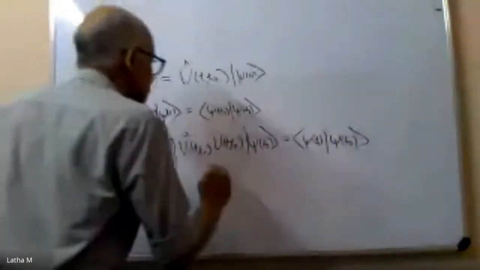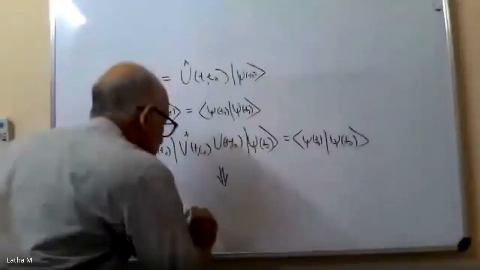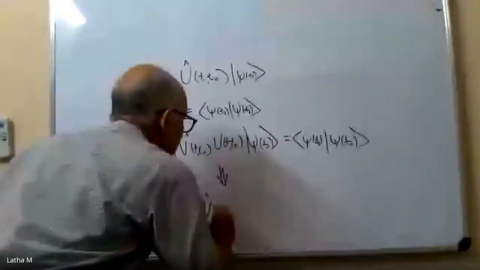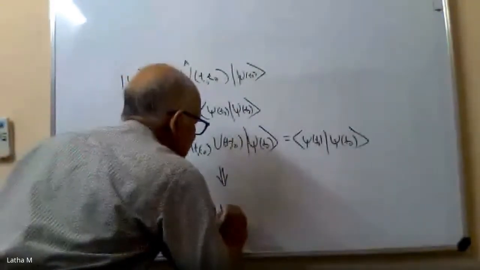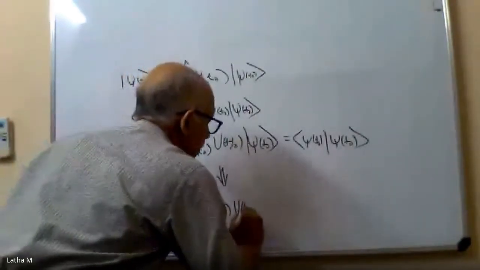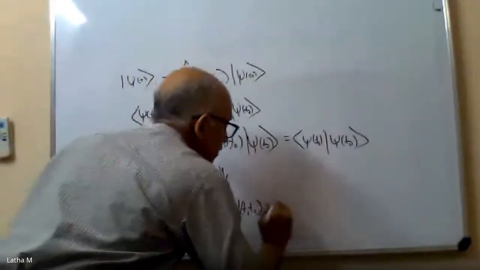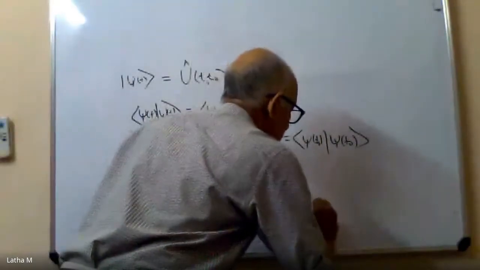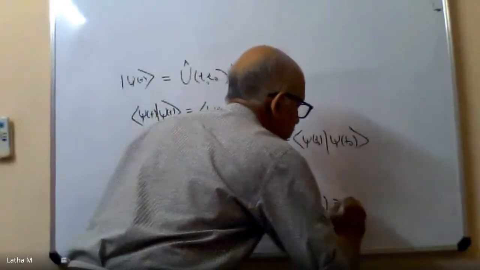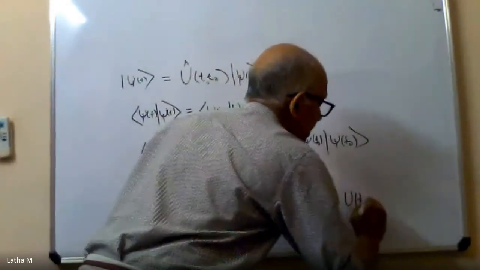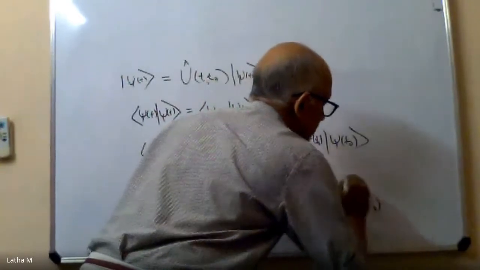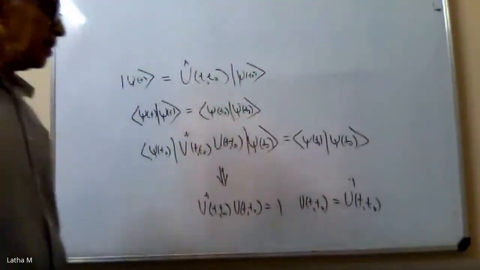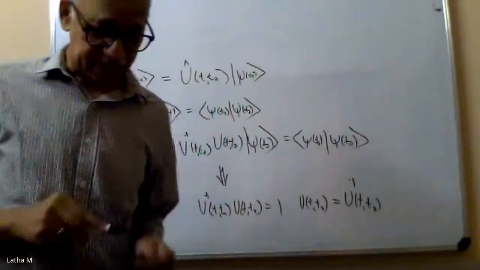This will lead to U dagger(t, t0) U(t, t0) equal to 1, or U dagger equal to U inverse. That means U is a unitary operator.